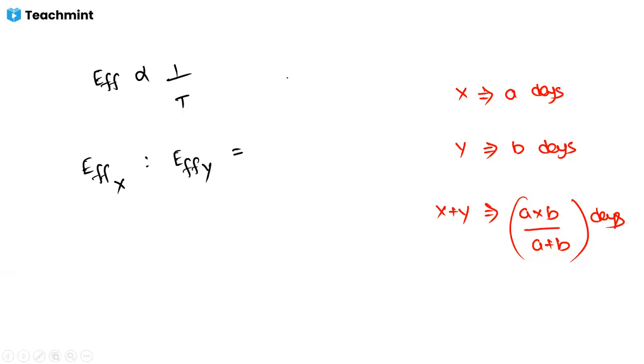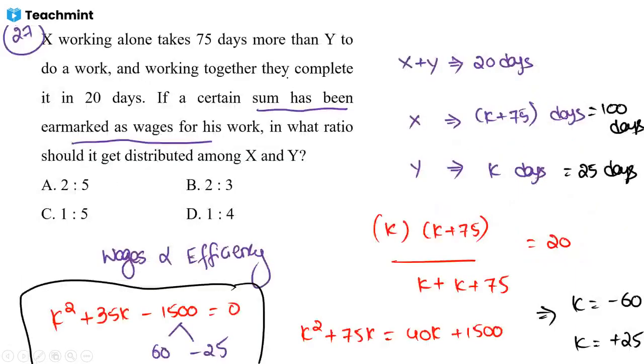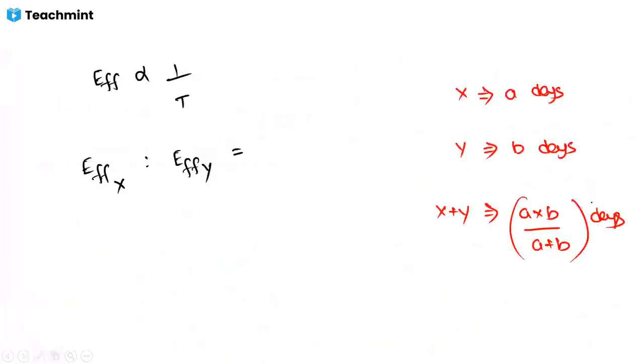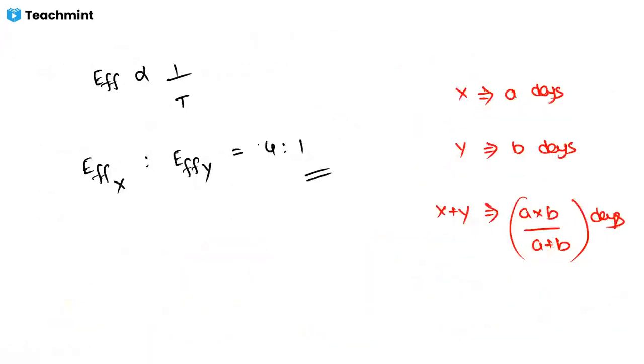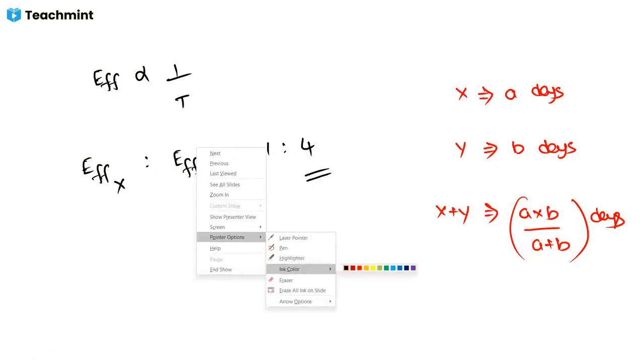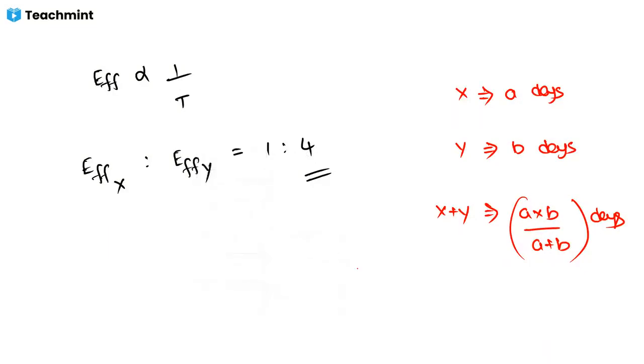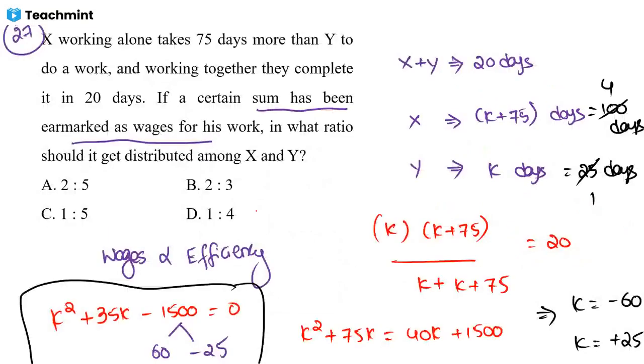The timing ratio is 4 is to 1, so the efficiency ratio should be 1 is to 4. Payment is according to efficiency or work. If you are more efficient, you will do more work, so you will get more payment. So 1 is to 4 is the answer.